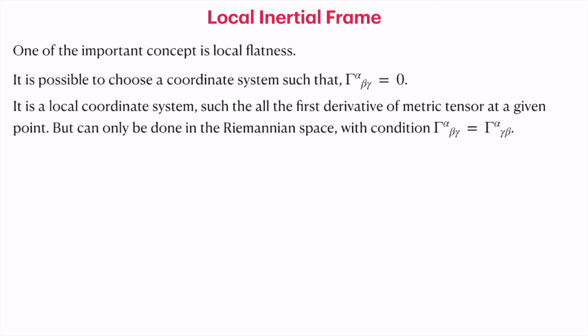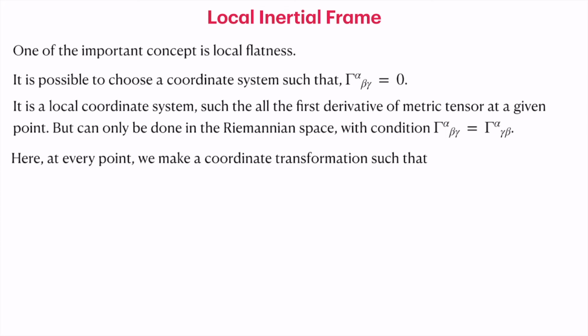This can only be done in Riemann space, with the condition that the connection is symmetric in the lower indices. That is, basically we need a relation between the metric tensor and the connection. If that is not there, then it is not easy to do. We can do a transformation by which the partial derivative of a metric is 0.